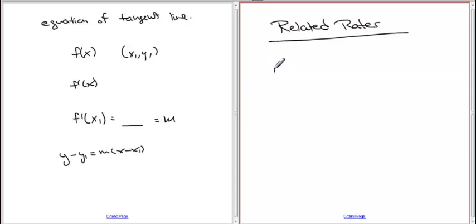But first, you have to be given something. You're given some dimensions, like x and y. Or you might be given x, but not y. You might have to calculate it. You also are probably given some rate of change of that variable with respect to time.